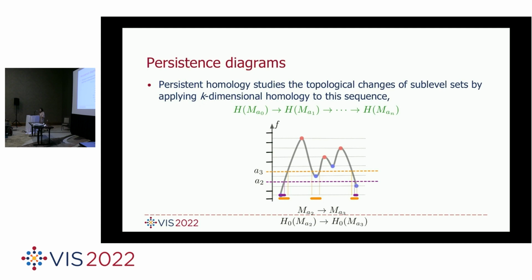But of course, for my simple example, I'm going to stay with H0, which means I'm looking at how the connected components are mapped into each other. Okay. So for example, in this case, at A2 there are 2 connected components, and then at A3, there are 3 connected components. And 2 of those purple components map to the corresponding orange components.